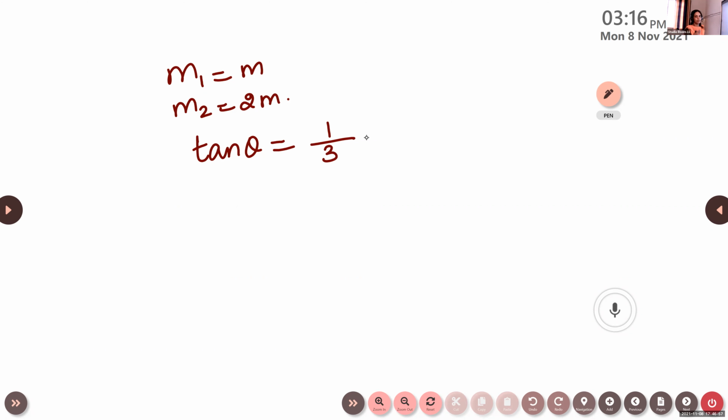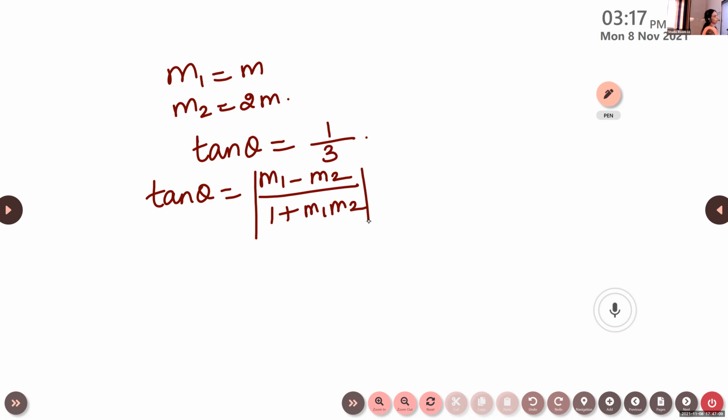Okay, so start with the definition. What is the formula for the angle between the lines? Tan theta is modulus of M1 minus M2 by 1 plus M1 M2. Apply the values there. So when you apply the values, we will get 1 by 3 is equal to modulus of m minus 2m by 1 plus m into 2m.